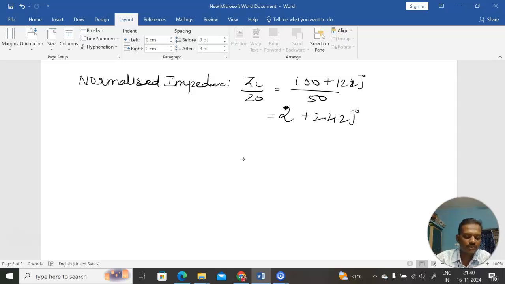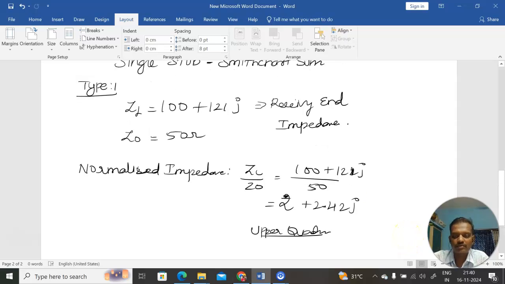So we know that the value is a real plus imaginary, so it's going to be in the upper quadrant. Okay, so let's move on to the graph.